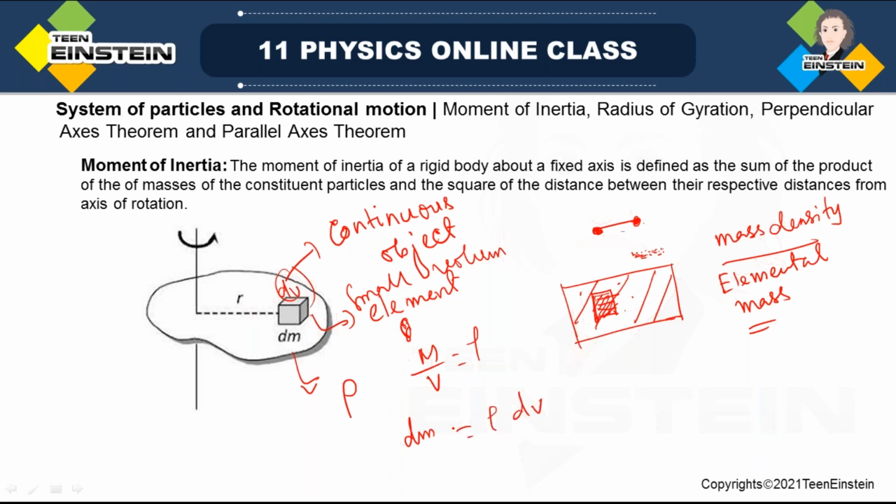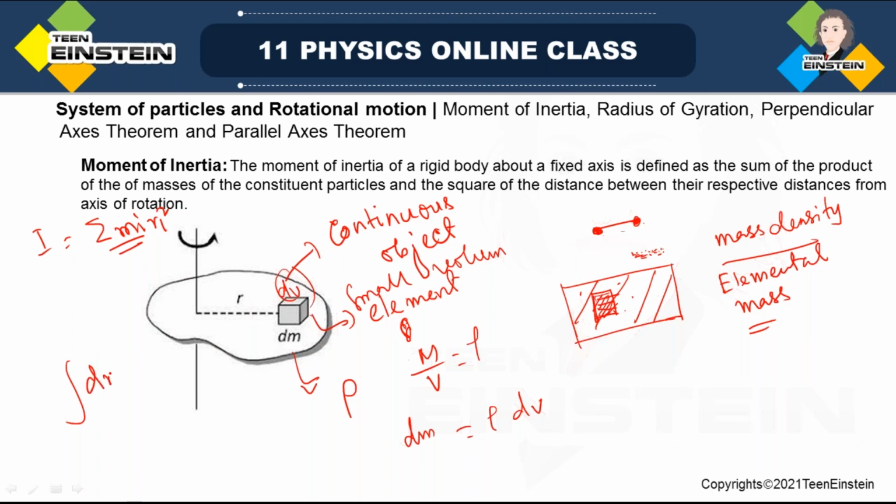So when you want to find the moment of inertia for this whole object, you have to integrate. We know moment of inertia is the sum over m_i r_i square. Instead of this summation, for a continuous object it will be converted into an integration.